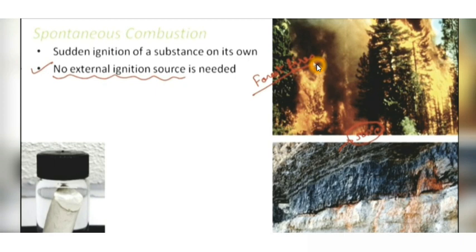As long as it has water, water will try to keep the substance cool, right? Therefore the leaf will not be able to reach its ignition temperature. But in the case of a dry leaf, water is not there, so it will reach its ignition temperature quickly and it will catch fire.